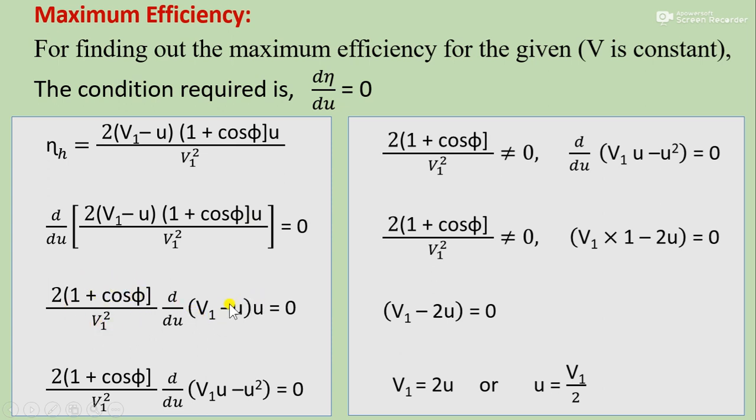The rest of the terms are (V1 minus U) into U, that is V1 U minus U square. Its differentiation is V1 into the derivative of U, that is 1, and the derivative of U square, that is 2U. Finally we get V1 minus 2U equal to 0, that is V1 is equal to 2U, or U is equal to V1 by 2. Means blade velocity is half of jet velocity.